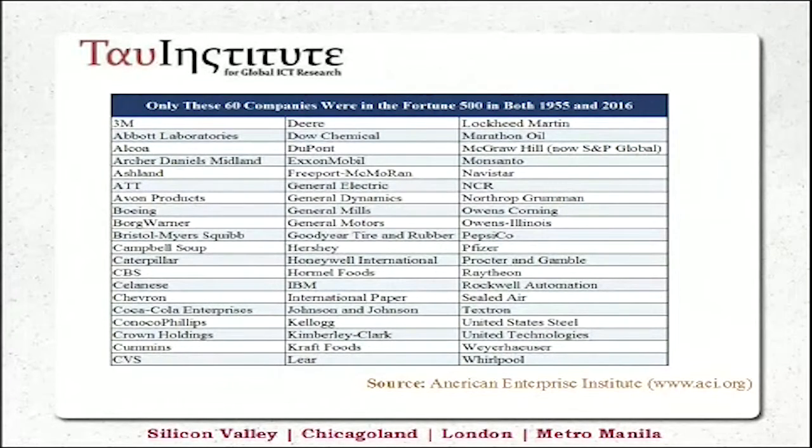Here's a list of the ones that made it from 55 to, well, it says 2016 here, but close enough. And you can see there's some basics. There's some evergreens that managed to survive, but certainly you look at United States Steel, that one has had a very difficult life the last 60 years.